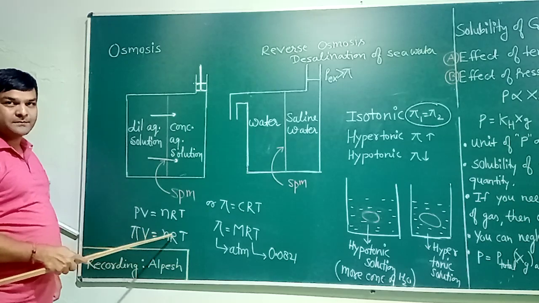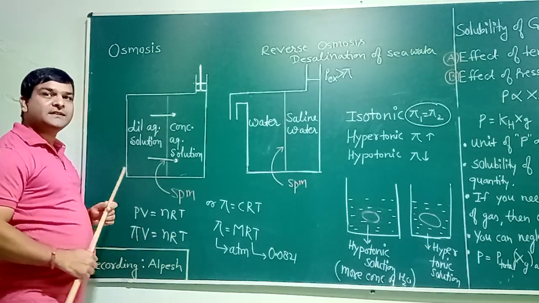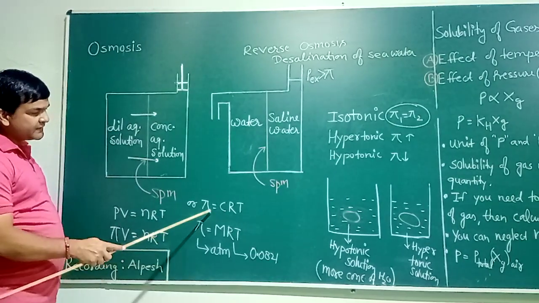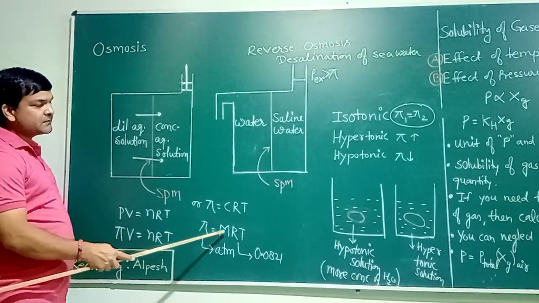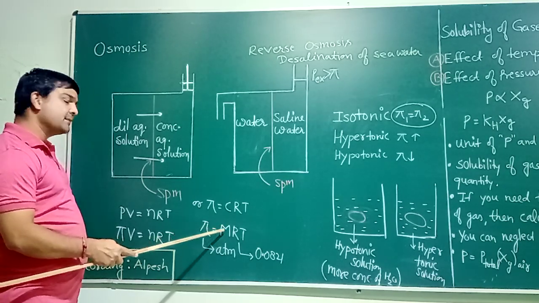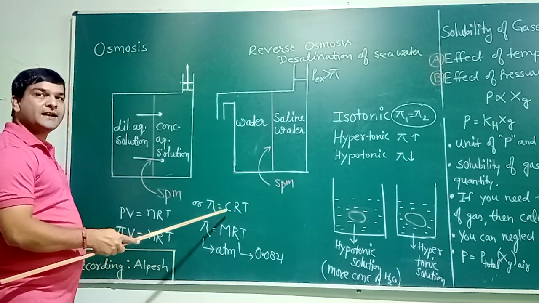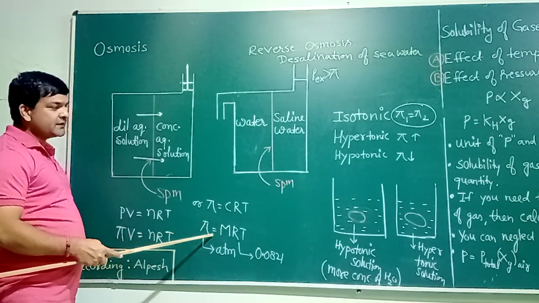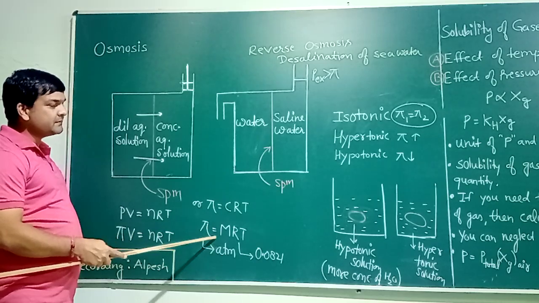Now n upon V, moles divided by volume, is known as molarity or concentration. So the same equation can be written here as pi equal to MRT. M stands for molarity, and molarity can also be written as C for concentration. So pi equal to MRT or pi equal to CRT both have the same meaning.